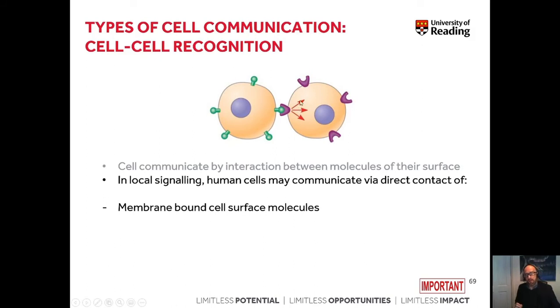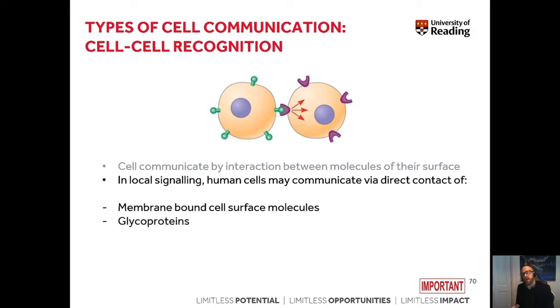The cell on the right-hand side is sensing presence of a certain molecule, the green one, present on the surface of another cell. After sensing this, the cell on the right-hand side can activate certain downstream signaling pathways.